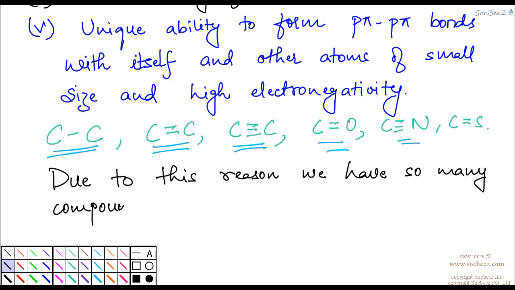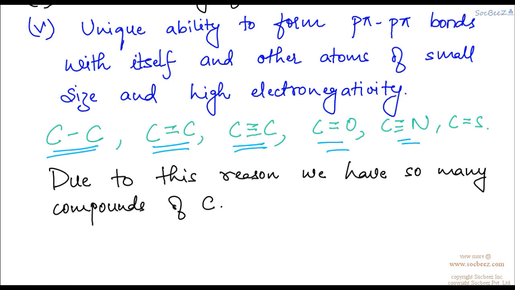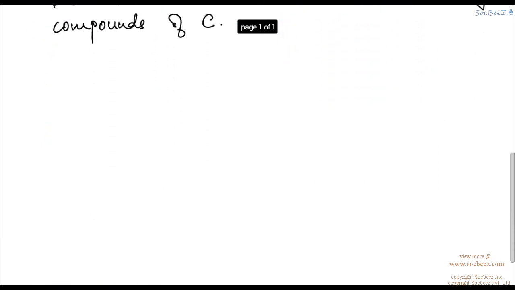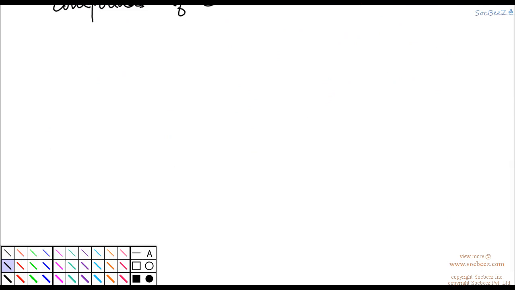This is the main reason, that carbon forms bonds with itself and with other elements. And there can be one more reason, that carbon has a property of catenation. What is catenation? We will see in a few minutes.